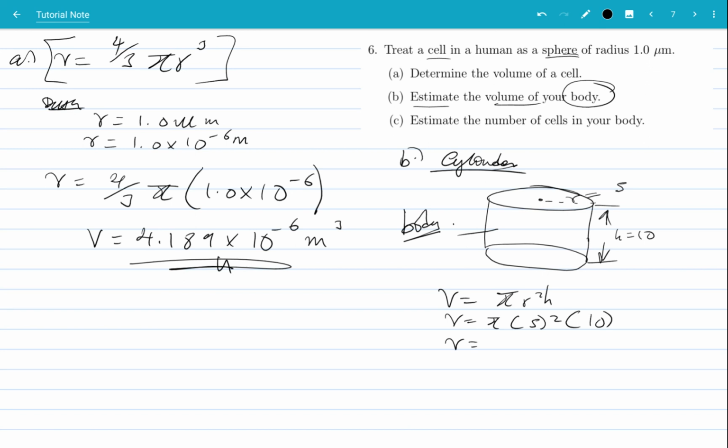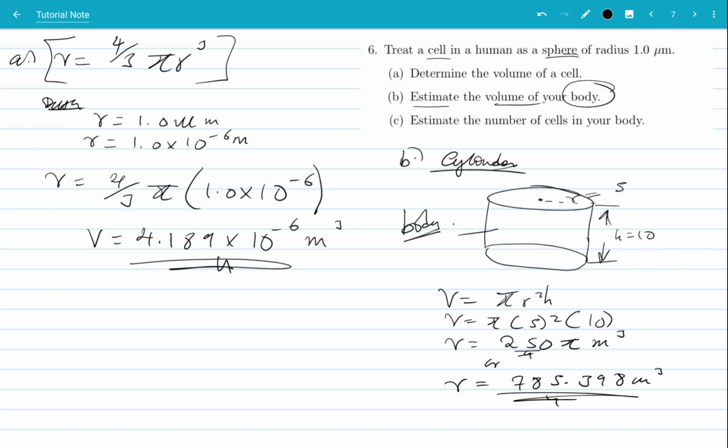Computing this on your calculator, you'll be having pi times 5 squared times 10. So upon doing that, pi times 5 squared times 10, you will get your value to be 250 pi to be your volume in meters cubed. Or others would prefer it to be volume in terms of 785.398 meters cubed.